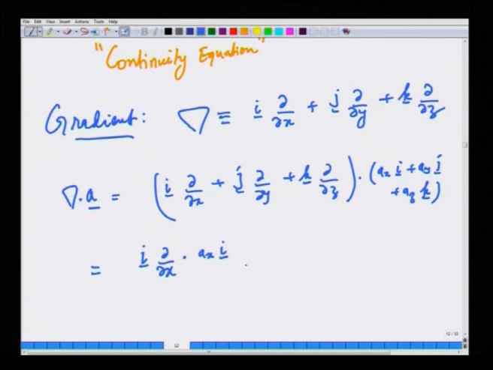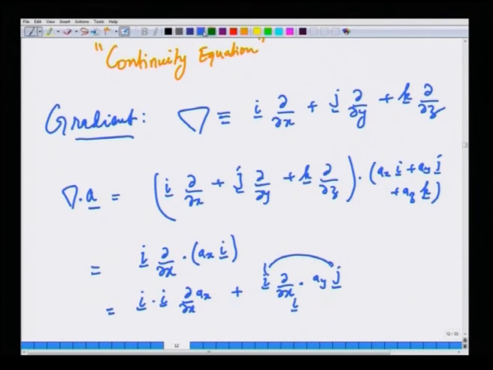So, when I do the dotting, I will get i d dx dot ax i. Now, the direction i is independent of x, so I can pull i out: i dot i d dx of ax. Now, if I take the term i d dx dot ay j, i and j are orthogonal, so i dot j is 0, and we will not get any contribution.